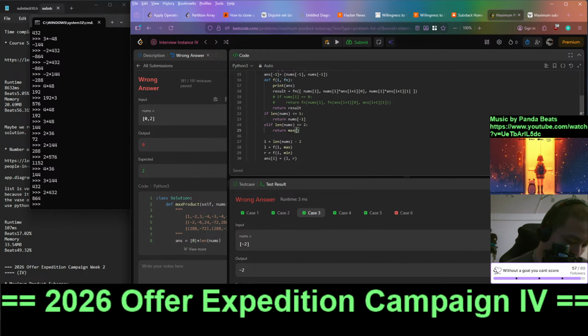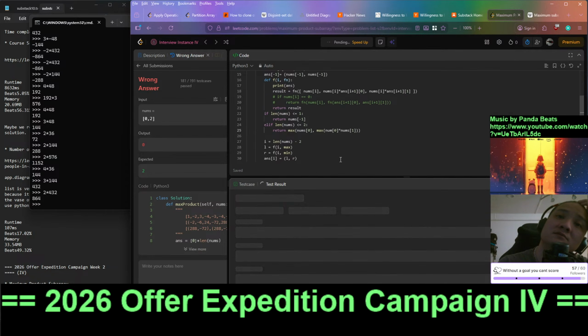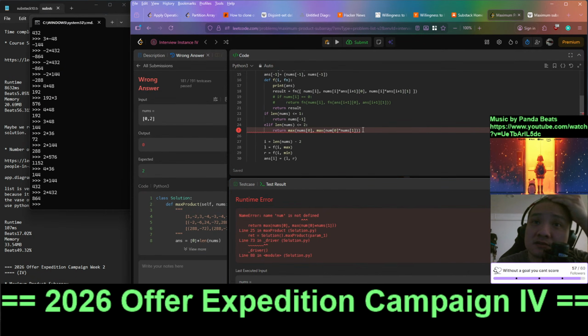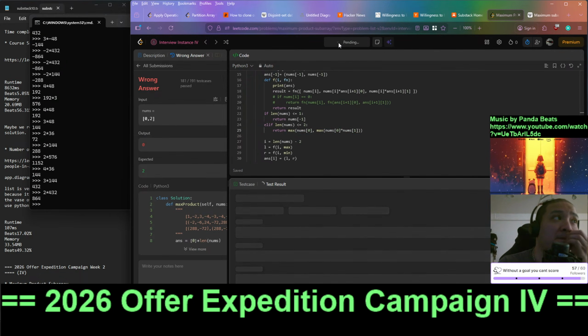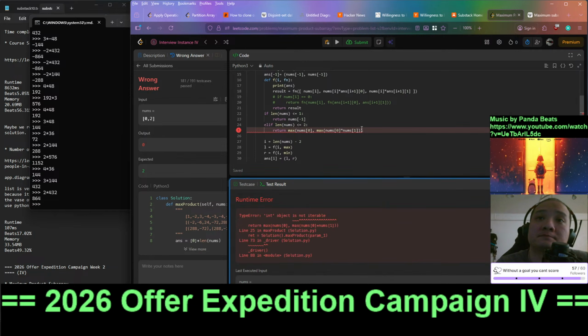That's just gonna be the max of nums[I], nums[0], the max of nums[0] multiplied by nums[1], right? Like that. Wait, what do you mean?